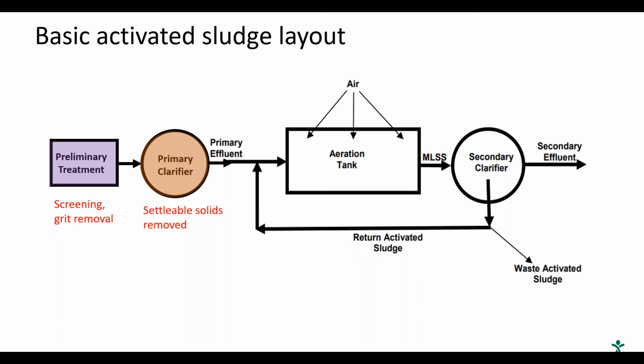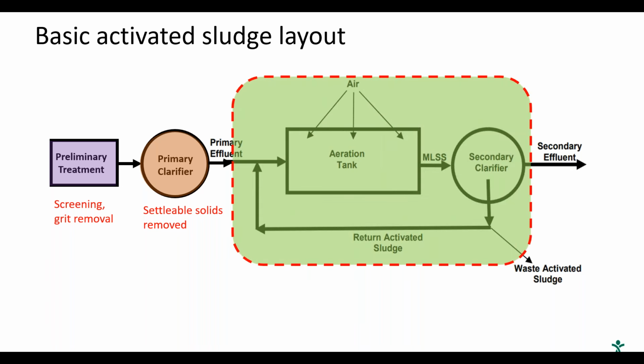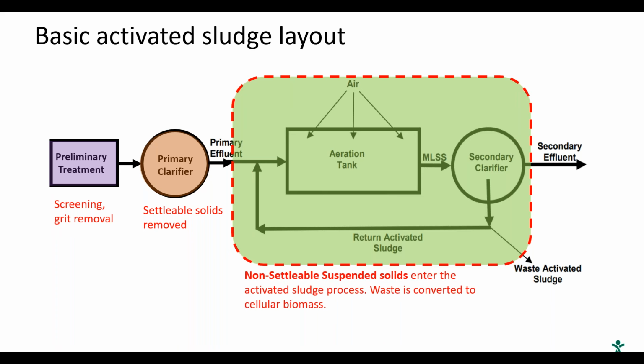And the liquid above that is clarified and continues on as the primary effluent into the activated sludge process, which consists of the aeration tank and the secondary clarifier. It's important to remember that what's entering into the aeration tank is those solids that are not readily settleable. They're not going to settle without some sort of treatment.